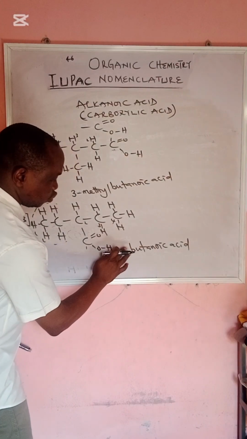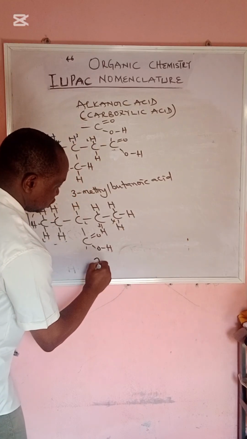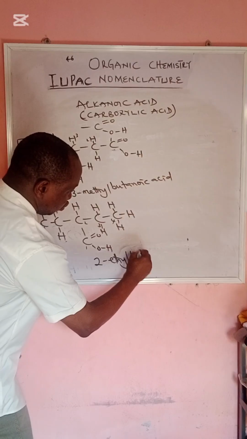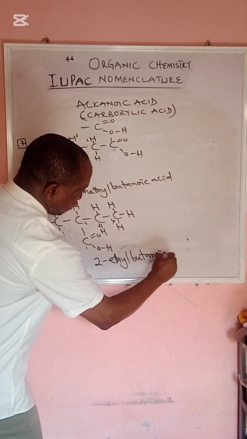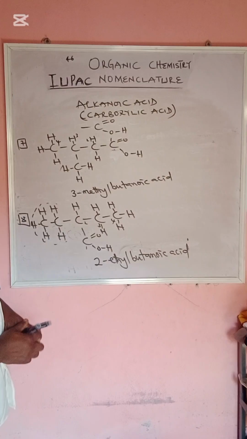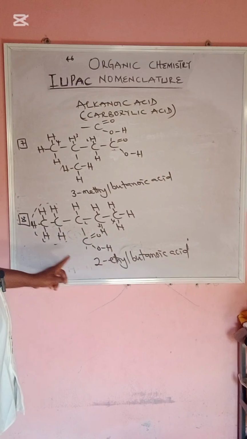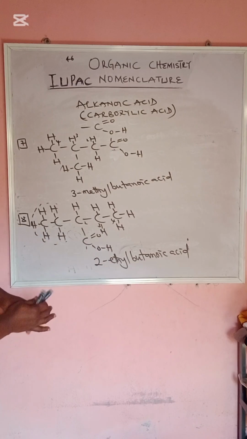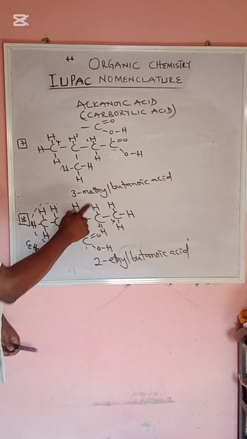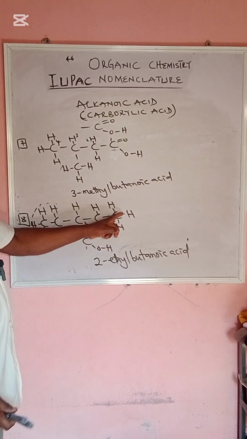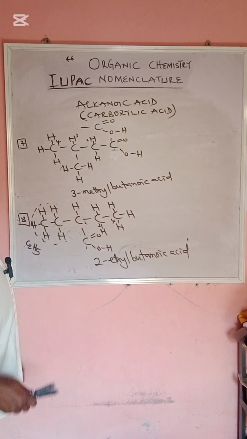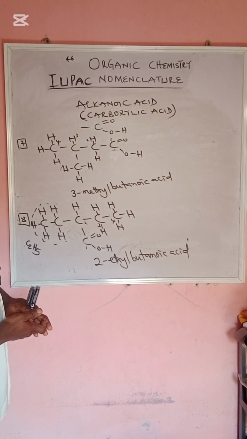So the name will now be 2-ethyl butanoic acid, not 2-methyl butanoic acid, because this is a C2H5 that is attached. You cannot count from here to here. You start from the functional group in this case. So that is how to name.